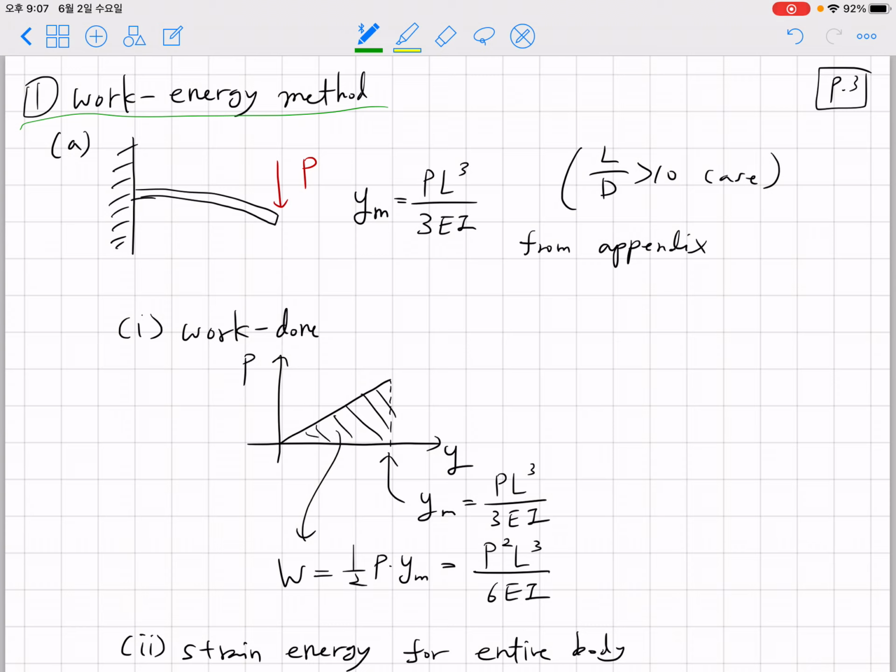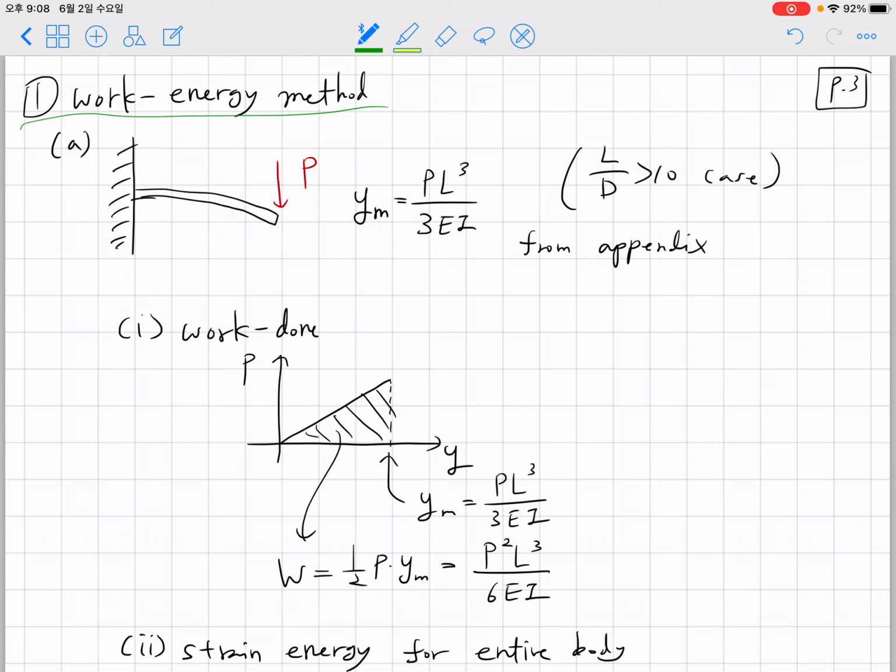For example, if you try to compress a spring, you should do some work, which is one half the final force multiplied by the final displacement, and that is stored as potential energy within the spring, right? And the work done and the strain energy stored in the spring should be equal to each other. So here we're going to do exactly the same thing.